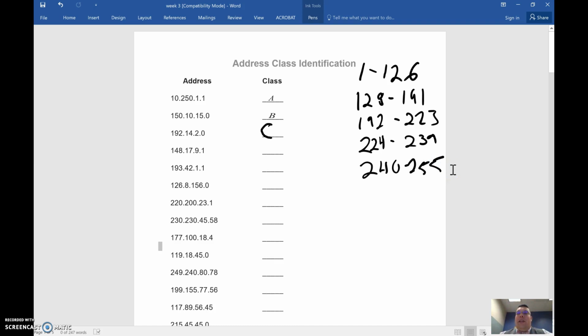Remember, last week we were talking about drawing out those 8 lines. 1, 2, 3, 4, 5, 6, 7, 8. 128 would be here, then 64, 32, 16, 8, 4, 2, 1.